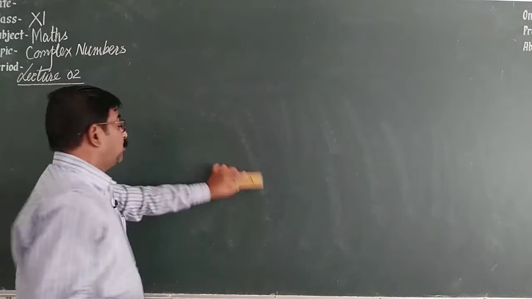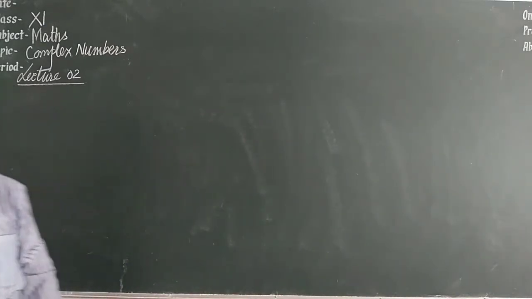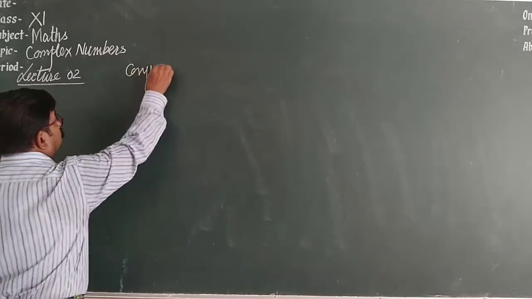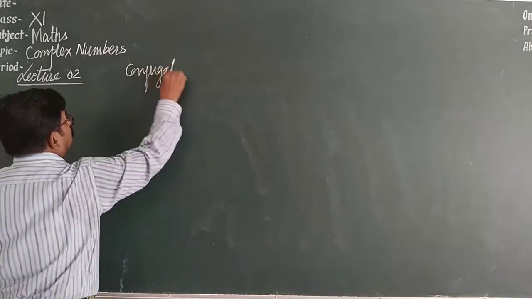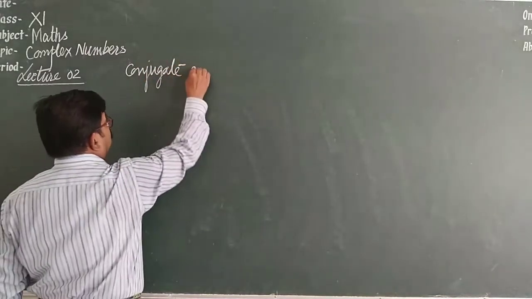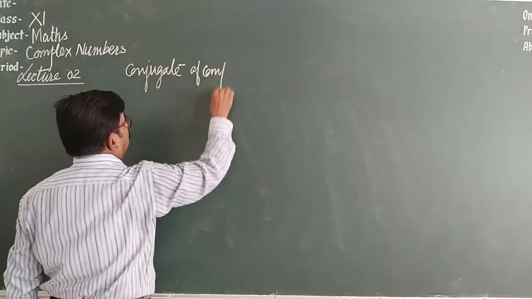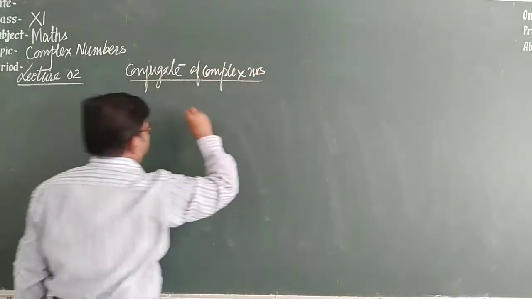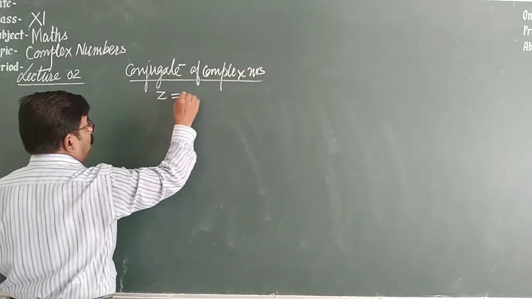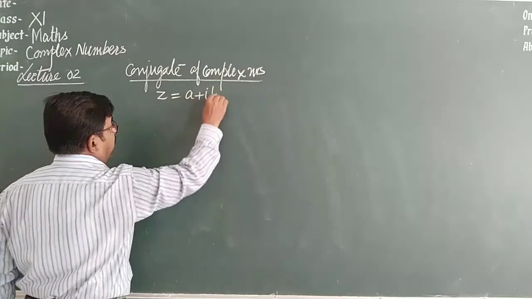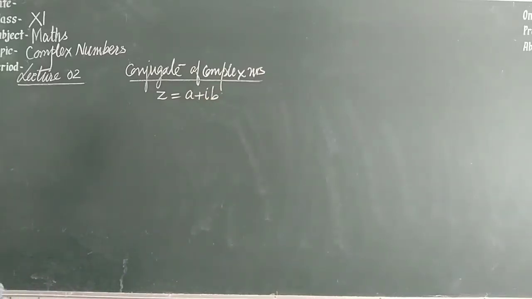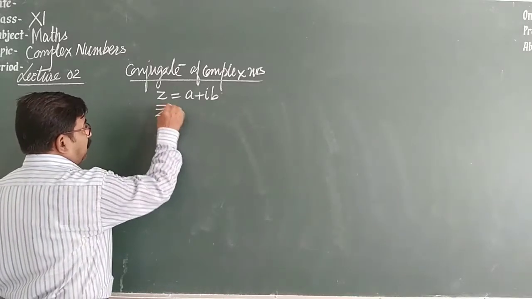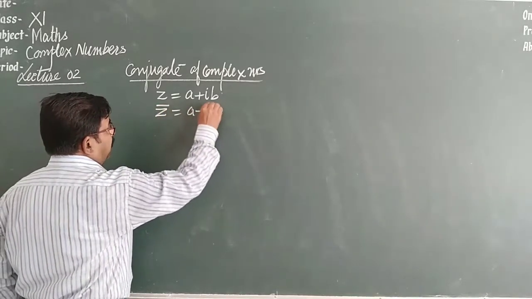The conjugate of a complex number like z is equal to a plus ib is written as the bar of the complex number, like z bar is equal to a minus ib.